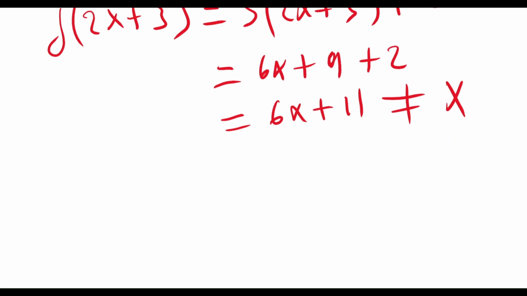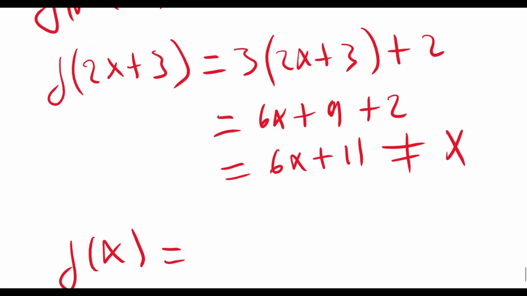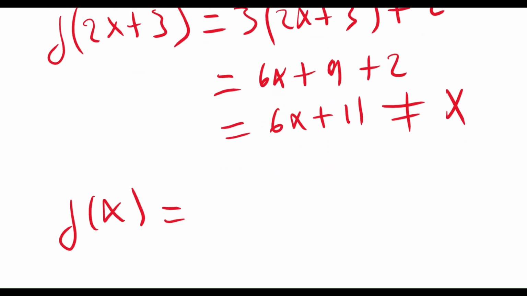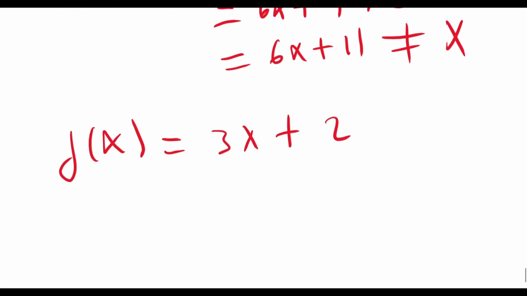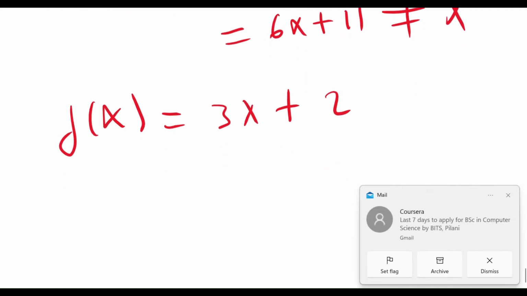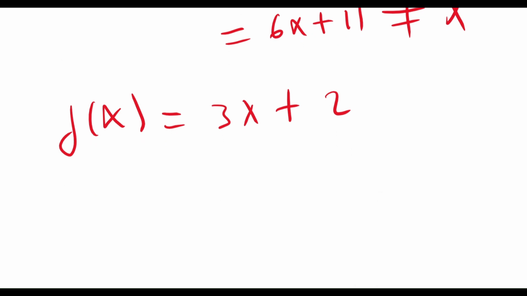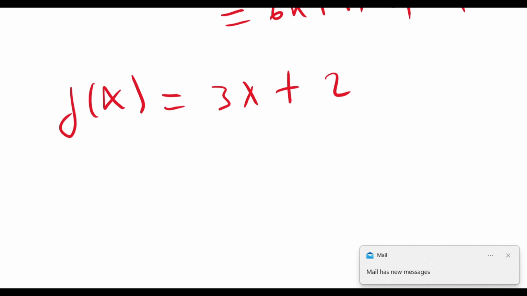So now let us try to get the inverse function of this function. So getting that, we have f of x is equal to 3x plus 2. So again, we can replace the input with the output and the output with the input.